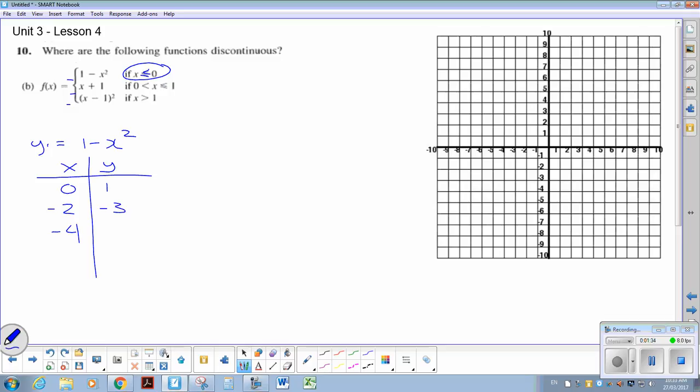Negative 4 squared is 16, so it's going to go way off the page. 1 minus 16 is negative 15. I might just do negative 3 because that point's not very useful with my grid. So that's going to be a 9. 1 minus 9 is negative 8.